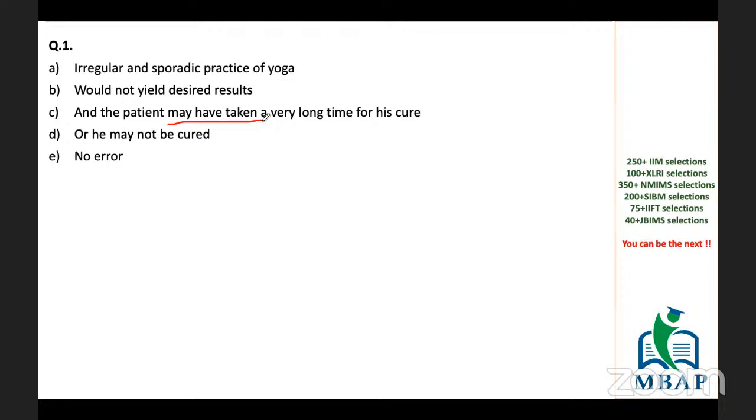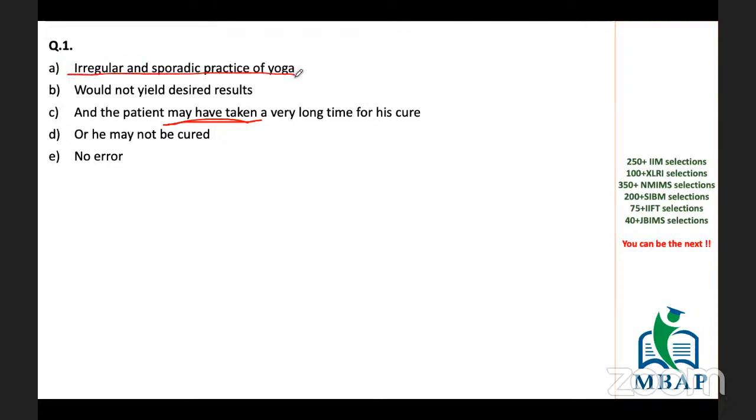So if we translate this, "may have taken" means the action has already completed. But what we want to say is in present time: the patient may take a very long time if that person is irregular.